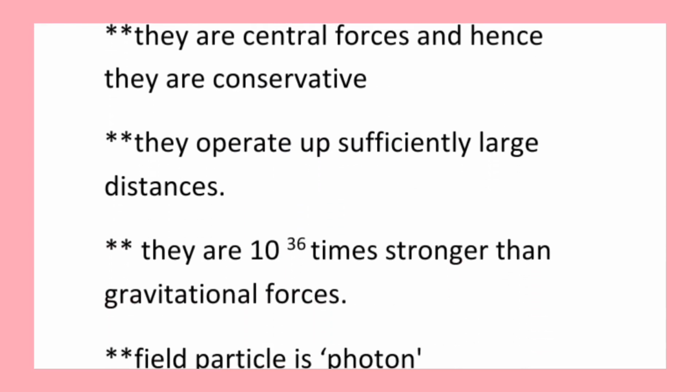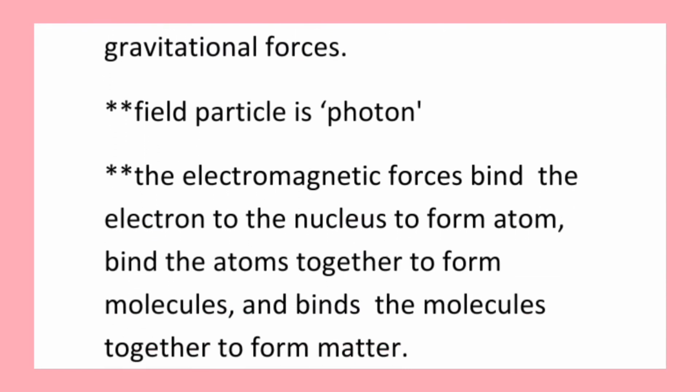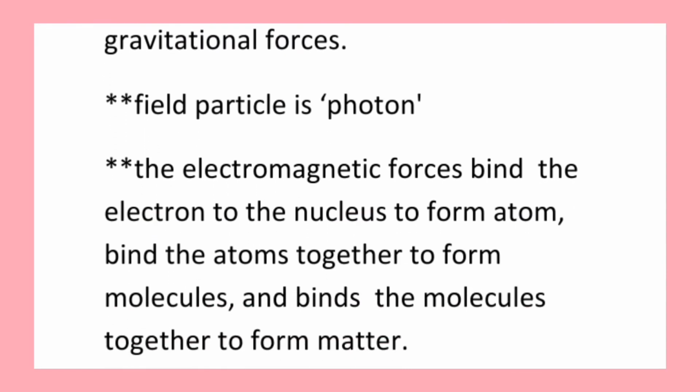Next point, they operate over sufficiently large distances, not very large distances but sufficiently large. And these electromagnetic forces are 10 to the power of 36 times stronger than the gravitational forces, remember.